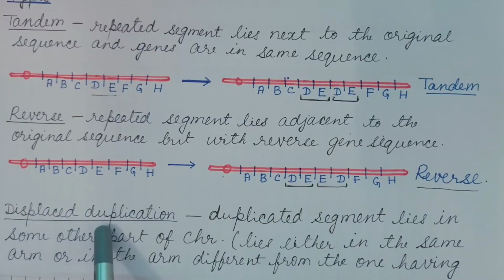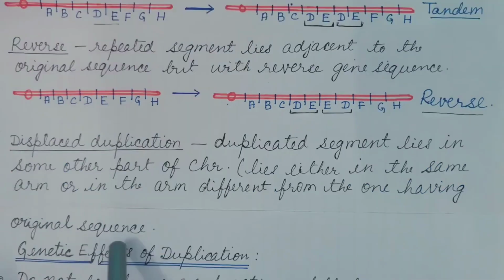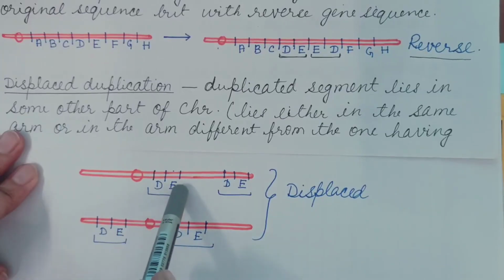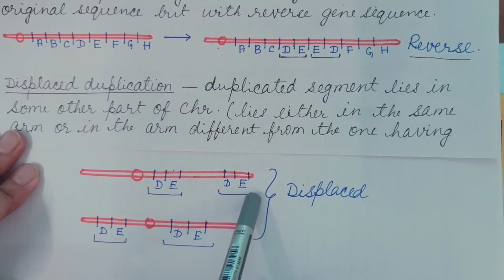Now the displaced duplication. The duplicated segment lies in some other part of the chromosome. These can lie either in the same arm or in an arm different from the one having the original sequence. So if we see here, this is the original sequence, and this is its duplicated sequence.